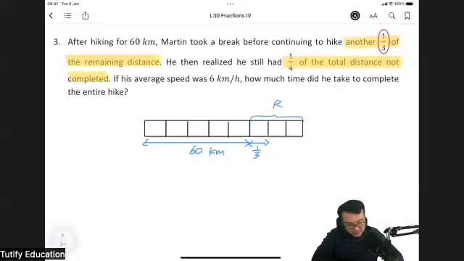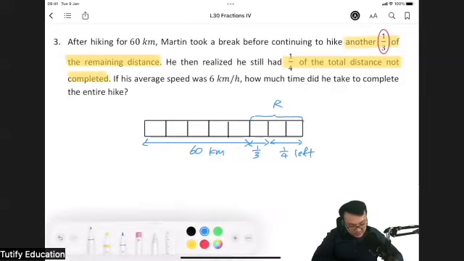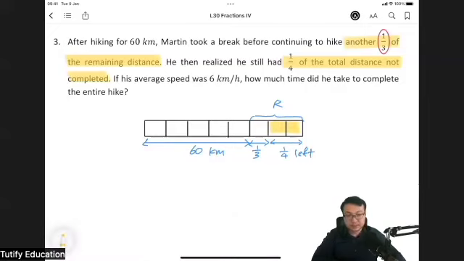Okay, this is the remainder. 1/3 of the remainder, and he had 1/4 left. Kevin, do you agree that this is 1/4 of the entire total? This is 1/4 of the total distance?